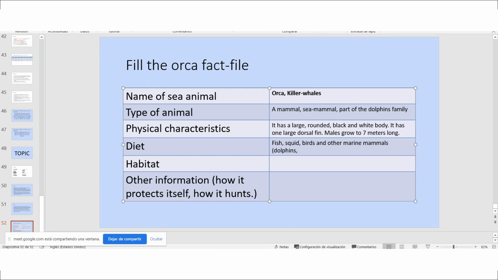All right, another one? Whales. Whales, all right. Anything else? Okay, what about seals? Seals, yes.